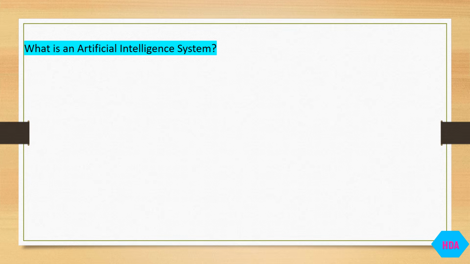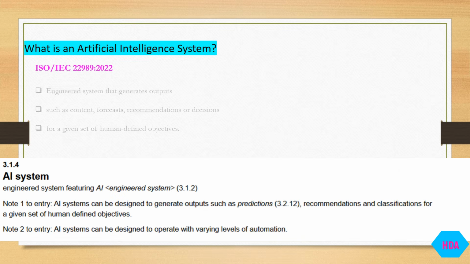So the next important question is, what is an artificial intelligence system? An AI system is defined in ISO IEC 22989. It defines the AI system as an engineered system that generates output such as content, forecasts, recommendations or decisions for a given set of human defined objectives.